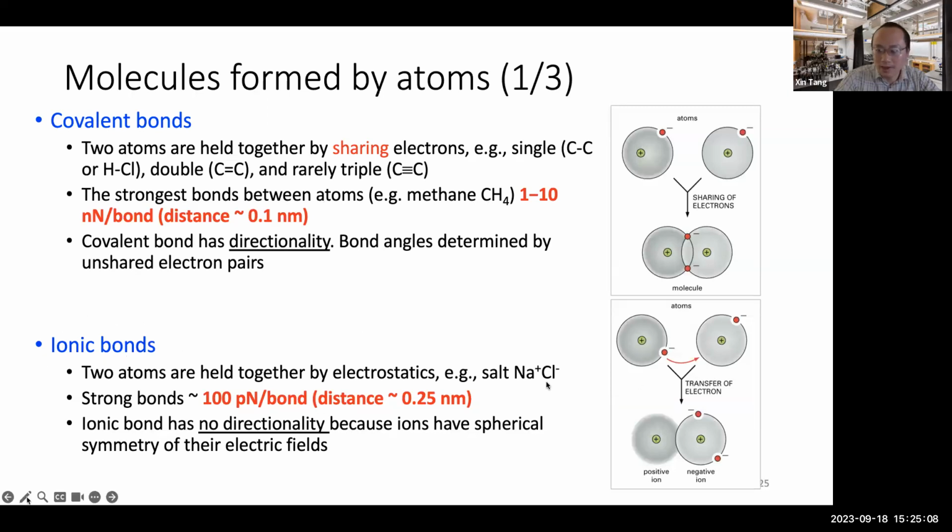Okay. So one example is sodium chloride. The chlorine is very, very strong in grabbing the electron. Then the orbit of chlorine becomes satisfied, and the sodium is very easy to give up its electron. So the chloride ion becomes negative, the sodium ion becomes positive, and then they attract each other.